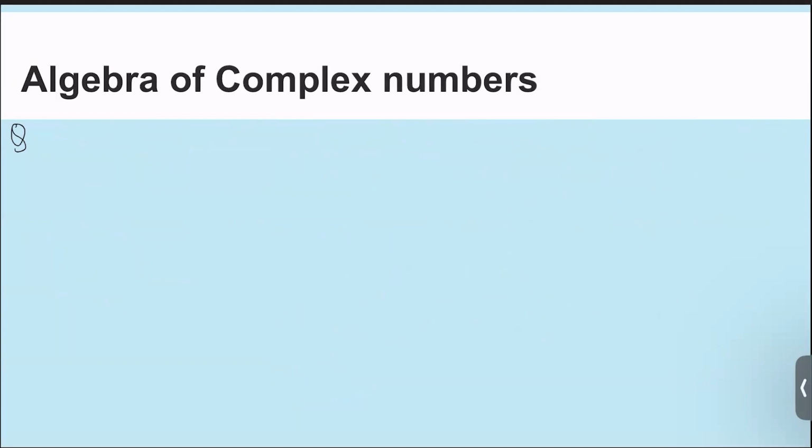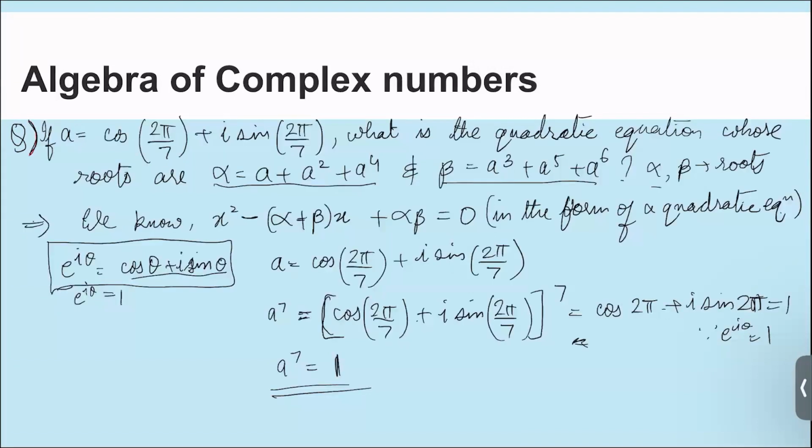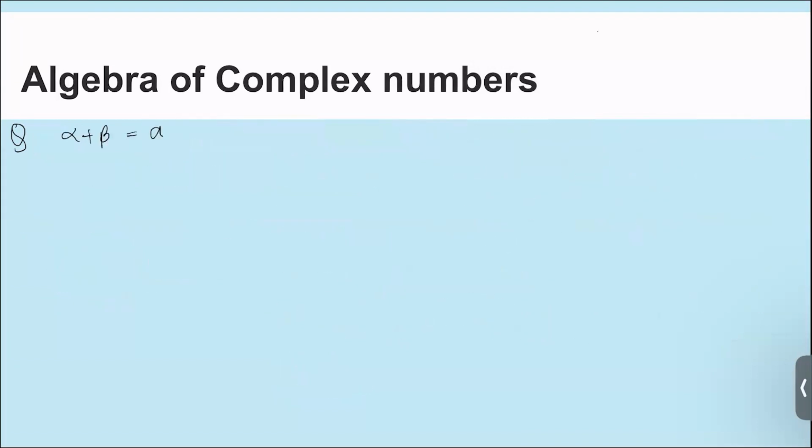So now first we find the sum of the roots, alpha plus beta. So alpha is a plus a squared plus a to the 4, and beta is a cubed plus a to the 5 plus a to the 6.